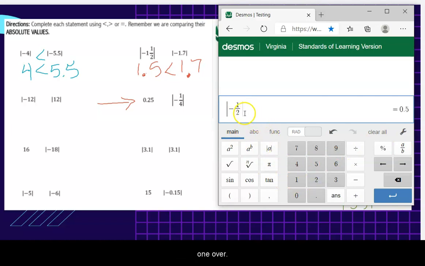I'm sorry, 1 over 4. There we go. So now it matches what I have, and the absolute value of negative 1 over 4, you can see, is 25 hundredths. So the absolute value of negative 1/4 is actually going to be the same as 0.25.